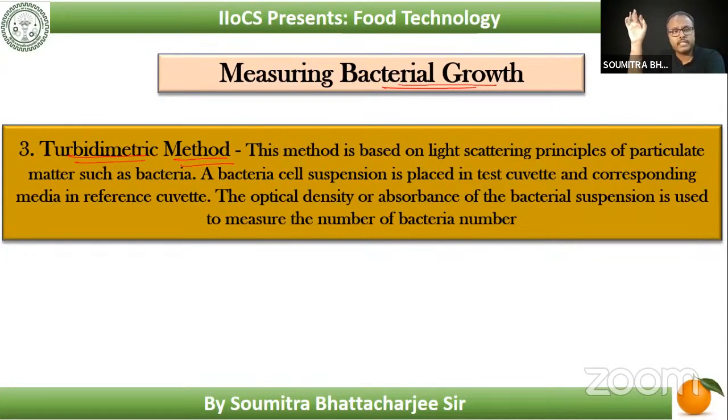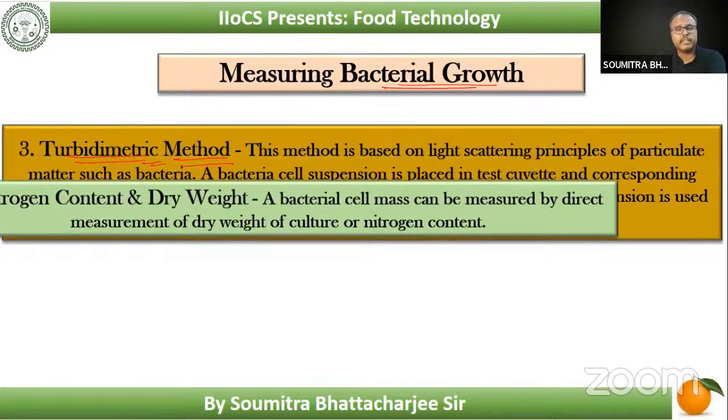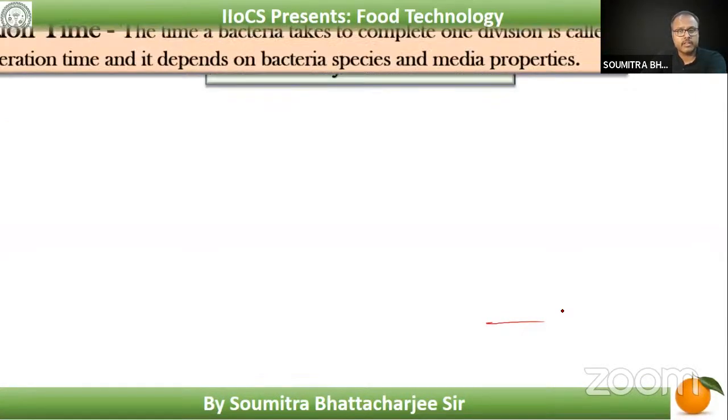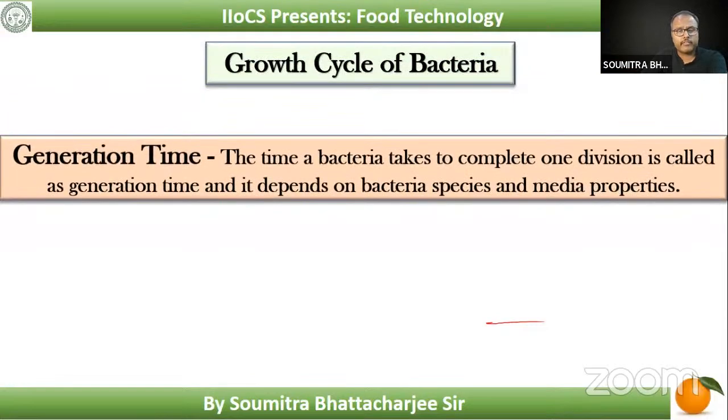That is what we represent as turbidimetry. We try to understand how much turbidity it is showing, and based on that we can identify the bacterial growth. We can also use protein content, nitrogen content, and dry weight to identify the dry weight of the culture or its nitrogen content.